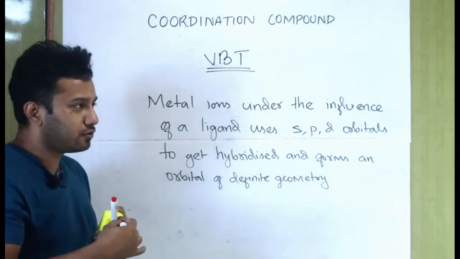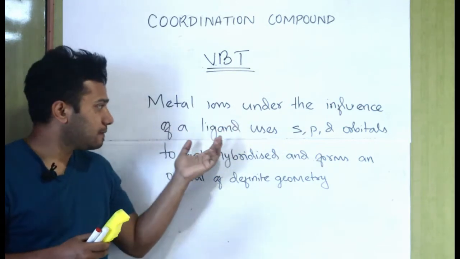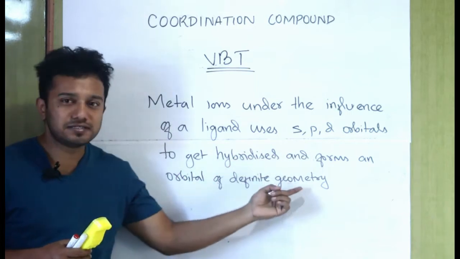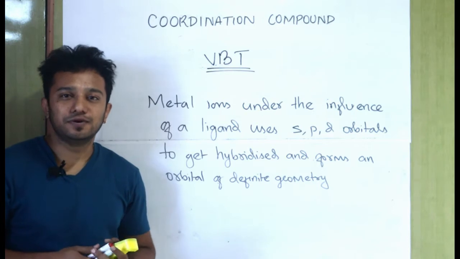So valence bond theory tells us that metal ions under the influence of a ligand use s, p, d orbitals to get hybridized and then form orbitals of definite geometry.